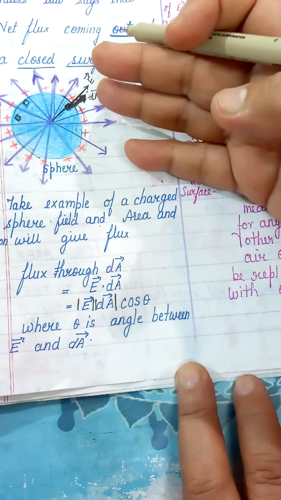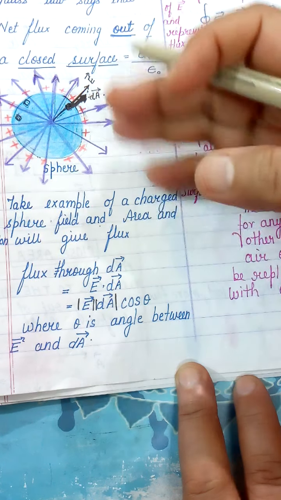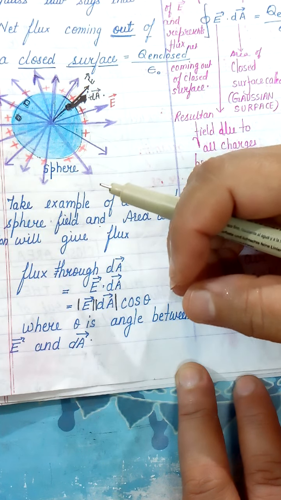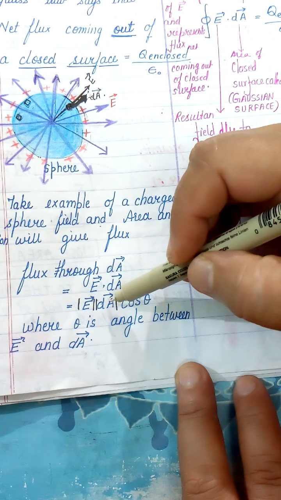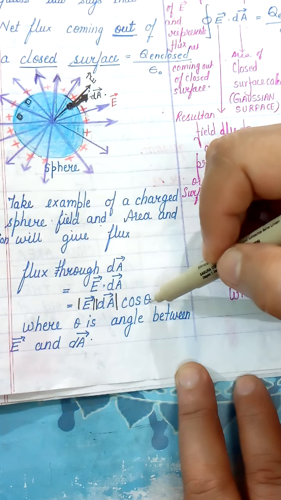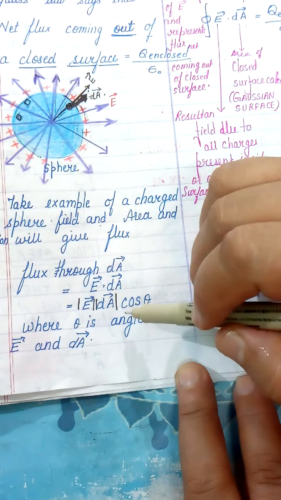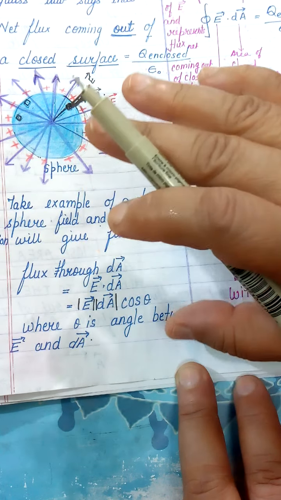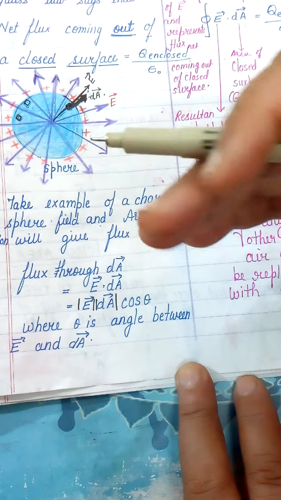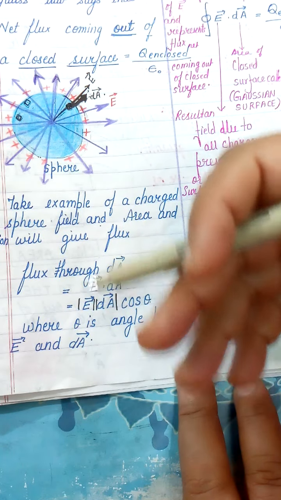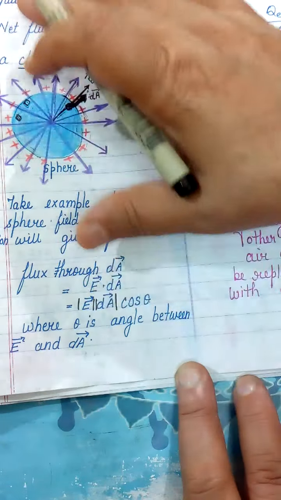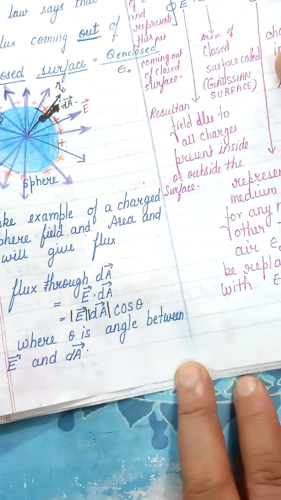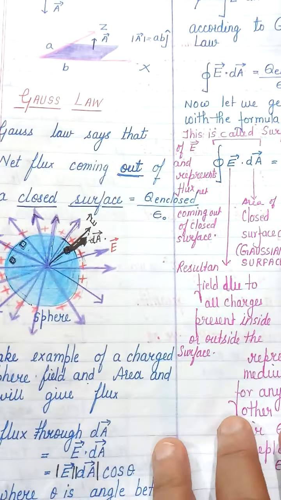But theta here is 0 because they are parallel to each other, so in this case E dA cos 0. But right now we are not going to solve it for a spherical surface only. We are just understanding what Gauss law is, so take it as a concept that this is the way to calculate flux.